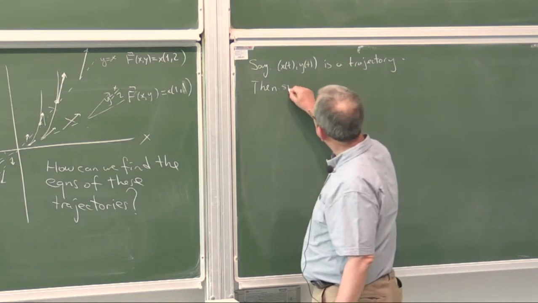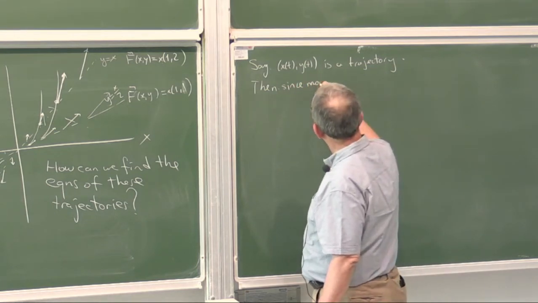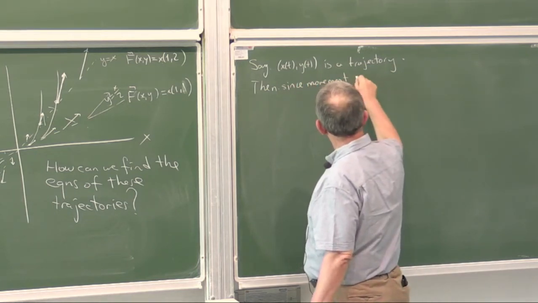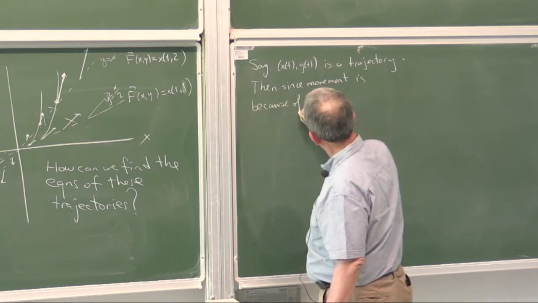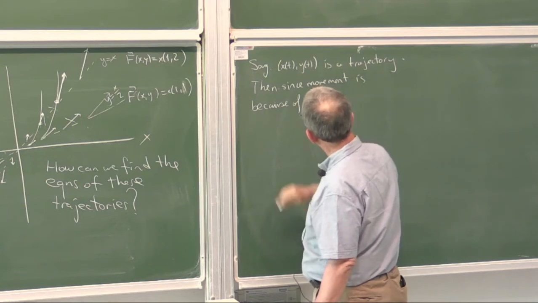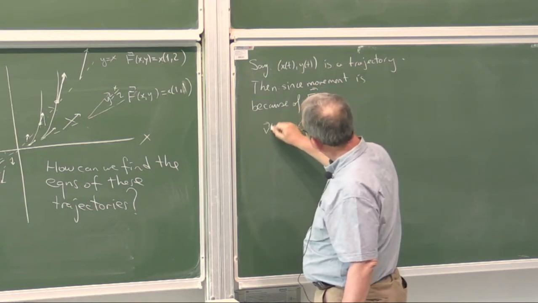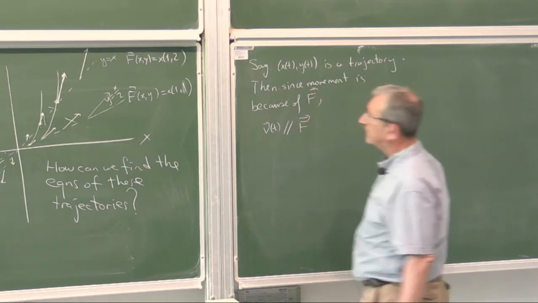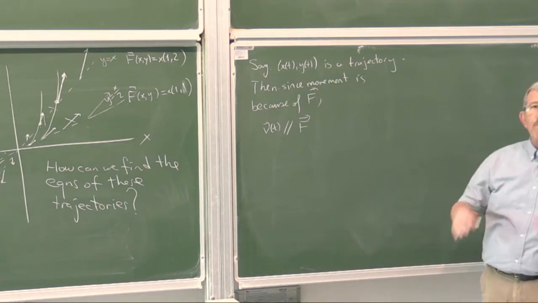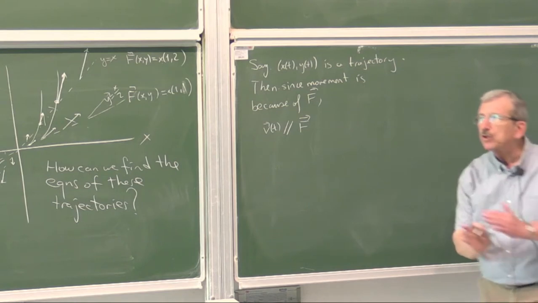Then, since movement is because of F, the velocity vector is parallel to F. Because F forces the body to move on this curve.